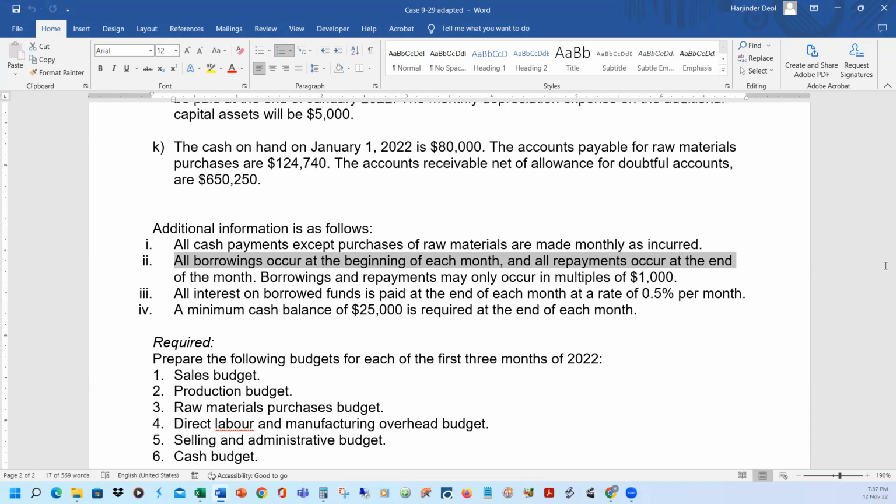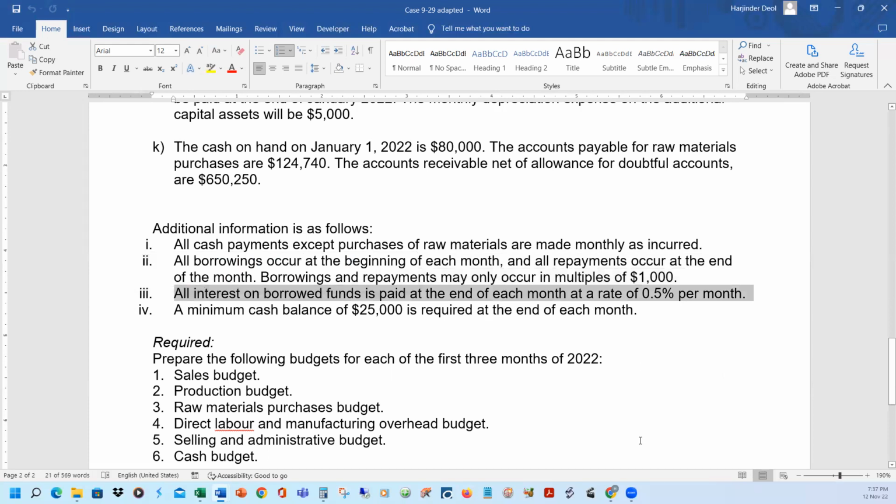We are forcing the issue here to achieve consistency for all persons performing the math. And another non-real life scenario is that borrowings and repayments can occur only in multiples of $1,000. That too is not reflective of real life, but we are going to force this on our case.